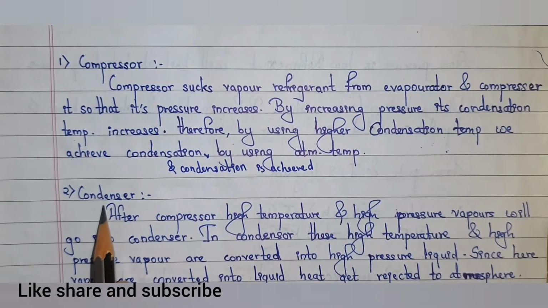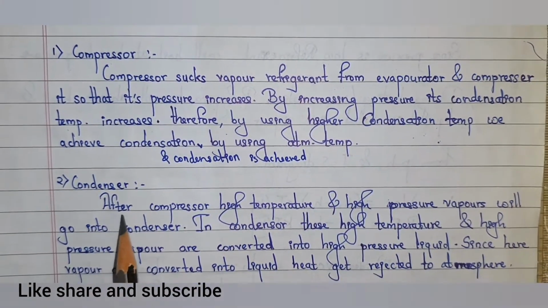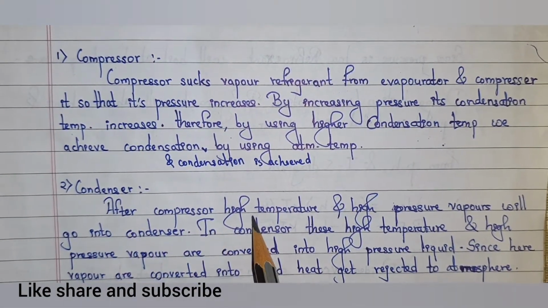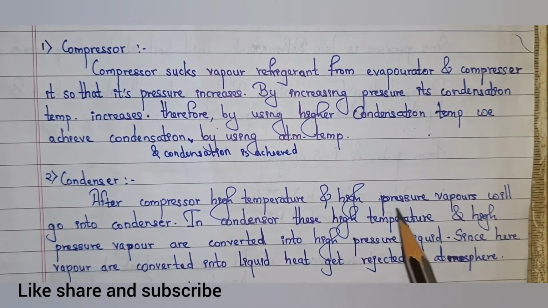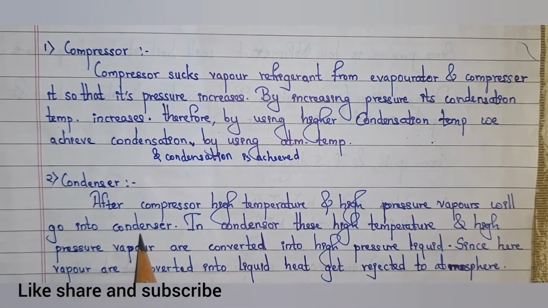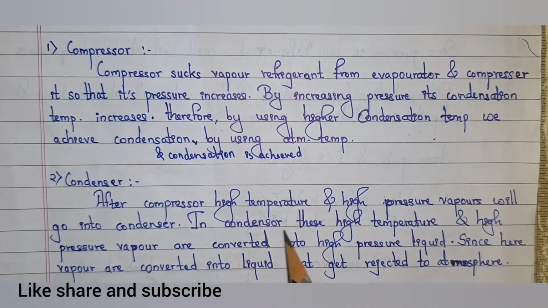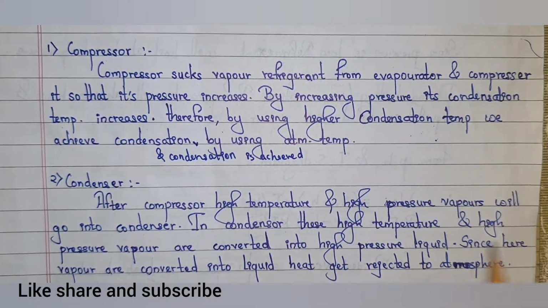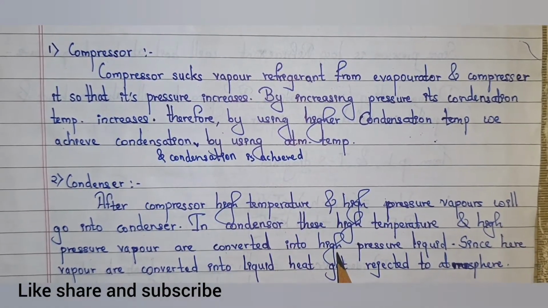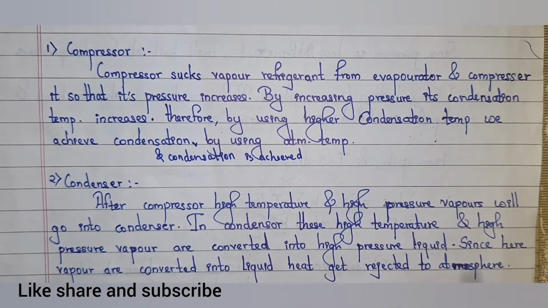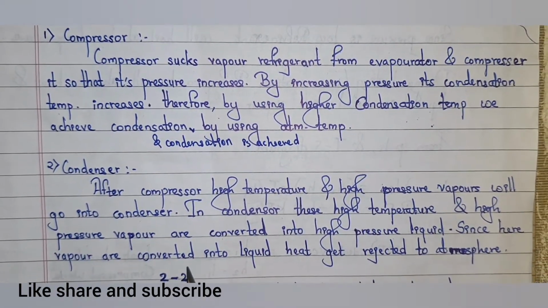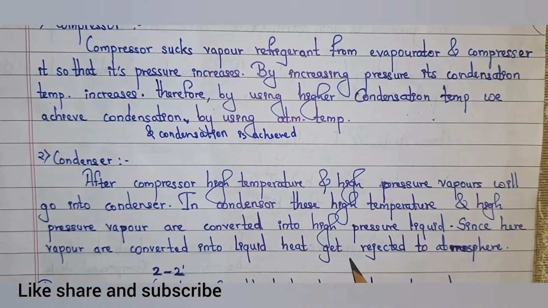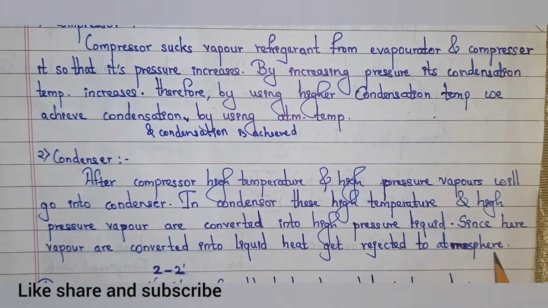Now our next component is the condenser. After the compressor, high temperature and high pressure vapors go into the condenser. In the condenser, these vapors are converted into high pressure liquids. Since vapor is converted into liquid, heat gets rejected to the atmosphere.